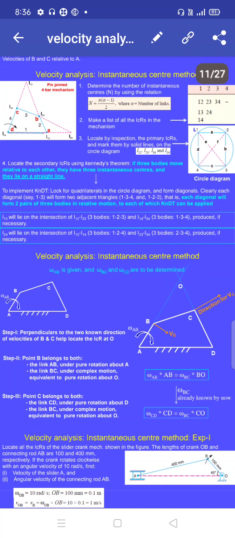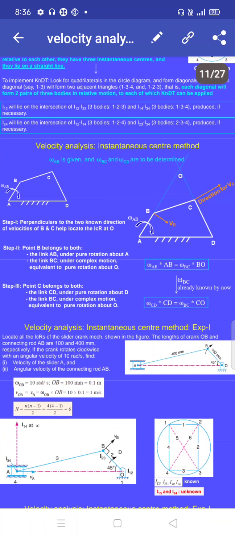The point B belongs to both link AB, under pure rotation about A, and link BC, under complex motion equivalent to pure rotation about O. That is, omega AB into AB is equal to omega BC into BO.